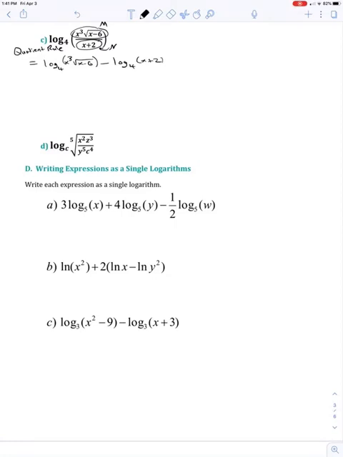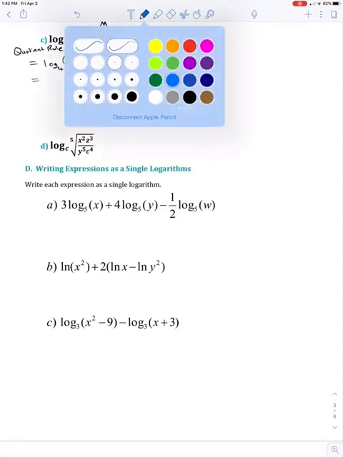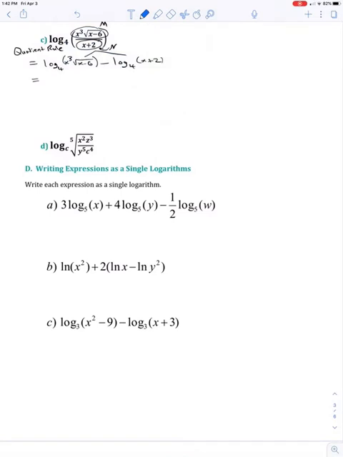So again, that broke up into 2. Now let's take it even further. Let's go ahead and apply the product rule. Now I've got some factors in this first log, so I'm going to apply the product rule on that and create a sum of logarithms. Here are my two factors. So that'll be equal to log base 4 of the first factor, x cubed, plus log base 4 of the second factor, the square root of x minus 6.